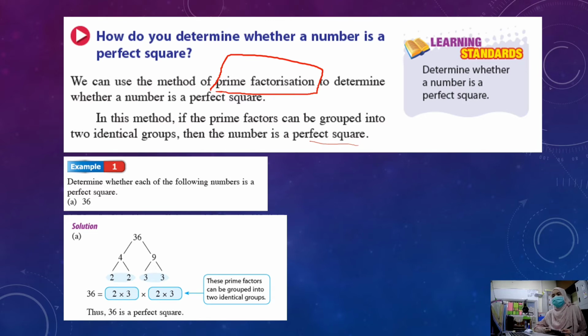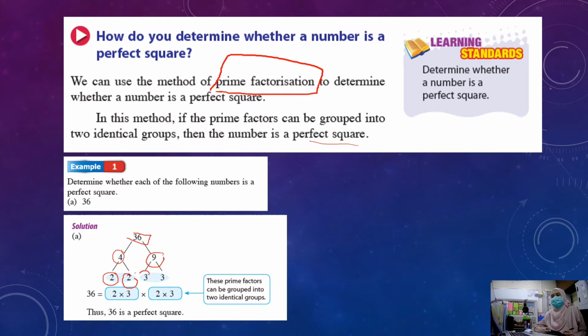I need you to remember the lesson previously that you already learned on drawing a factor tree. 36 is equal to 4 multiplied by 9. 4 is equal to 2 multiplied by 2, while this 9 here is equal to 3 multiplied by 3.